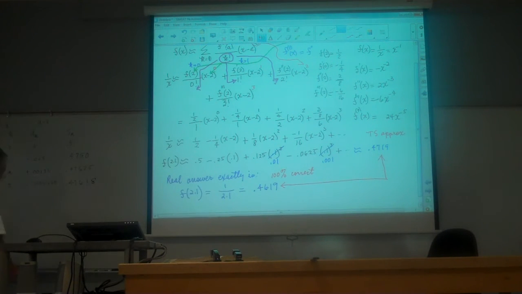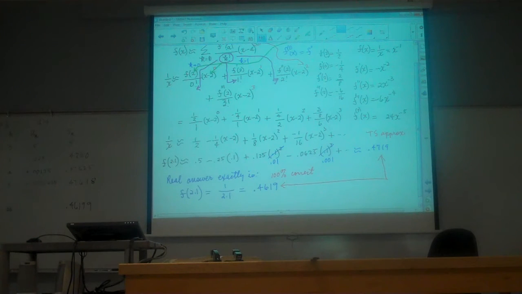So, if I wanted to see how far I have to go, suppose that at k equal 20, I had 0.4619 9.